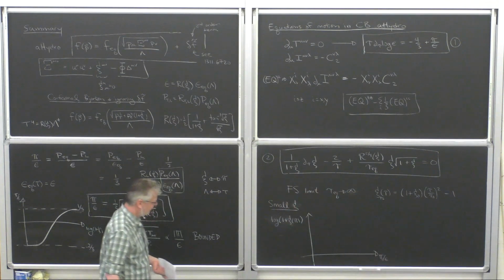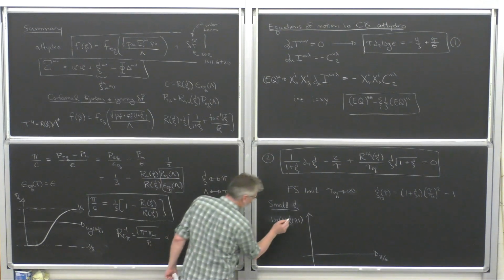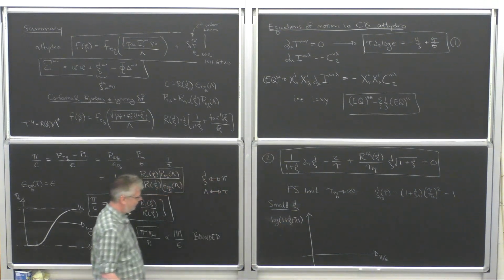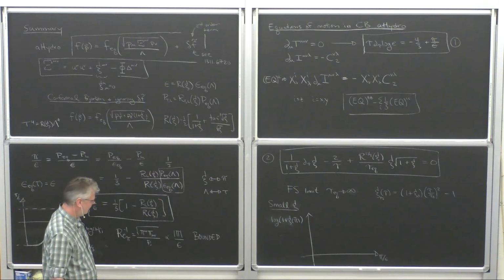I can plot it as a function of pi over epsilon. I'm going to put a little bar over here that means pi over epsilon, because it's a dimensionless number.